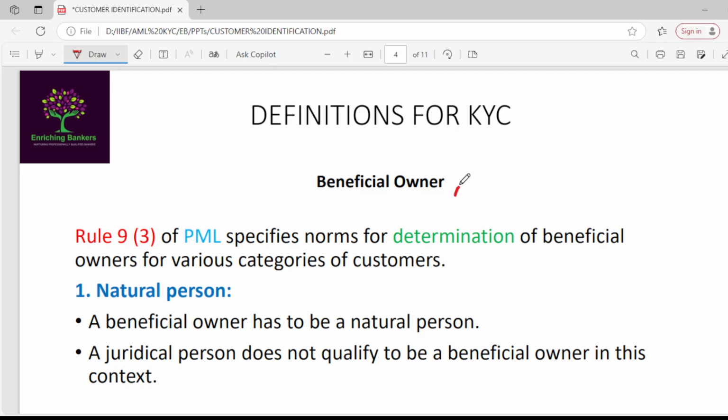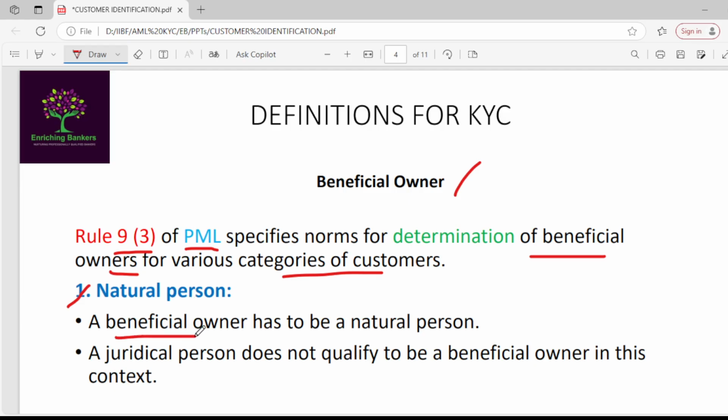Next word is beneficial owner. Rule 9 of 3 of PML specifies norms for determination of beneficial owner for various categories of customers. Rule 9 of 3 PML has given some norms for determining the beneficial owner for various types of customers. First norm is natural person.